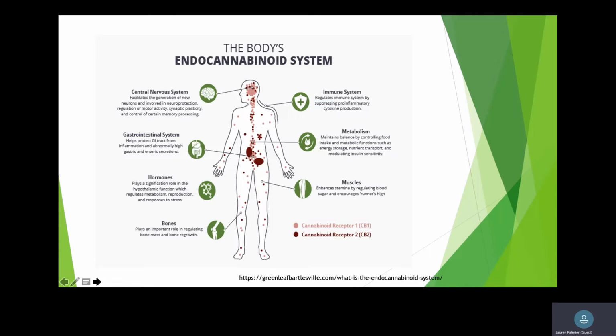This image also explains the benefits of cannabis's interaction with these receptors, including positive effects on the central nervous system, gastrointestinal system, and immune system, as well as helping with the functioning of bone regulation, metabolism, muscle regulation, and hormone function. And I will leave this on the screen for just a little bit so you can read through each of those on your own.